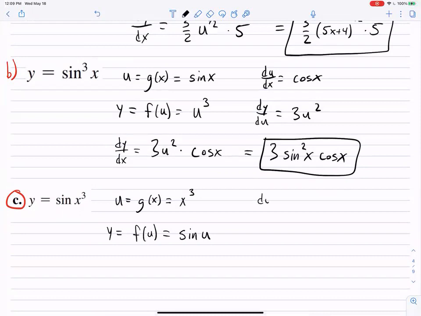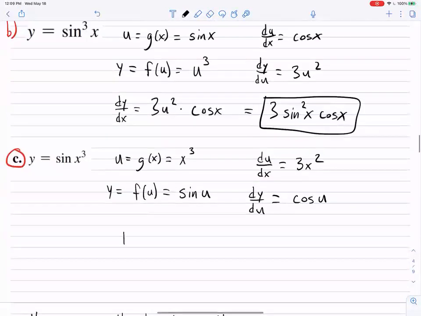And so du dx, taking the derivative with respect to x, we get 3x squared. Taking the derivative of y with respect to u is cosine u. Therefore, dy dx is going to be cosine u times 3x squared. And so that's going to be cosine of x cubed, maybe I'll put that in parentheses, times 3x squared.